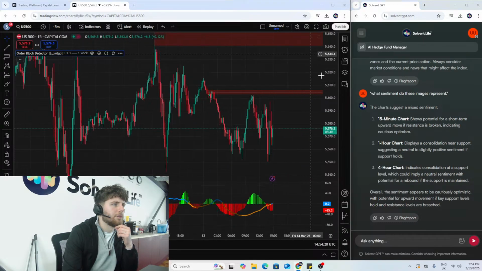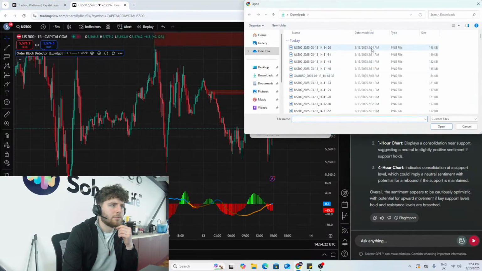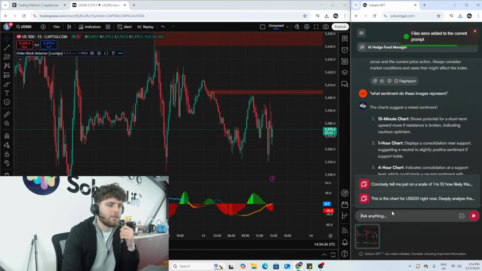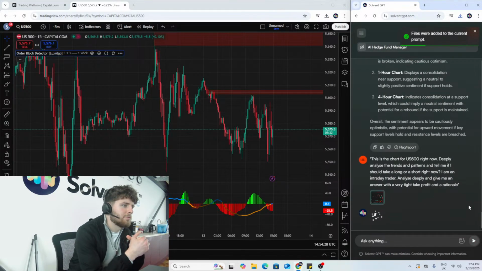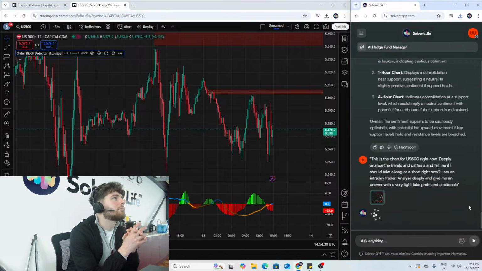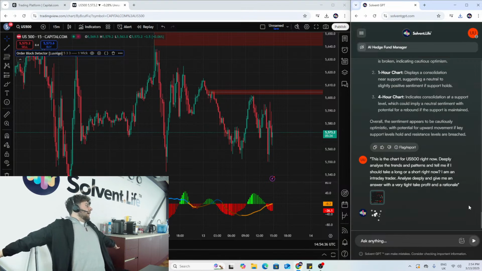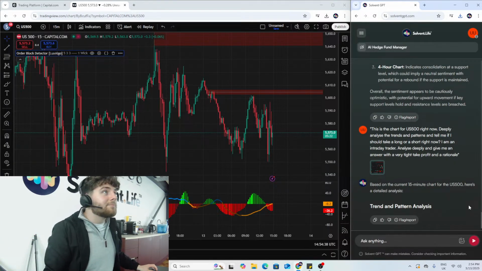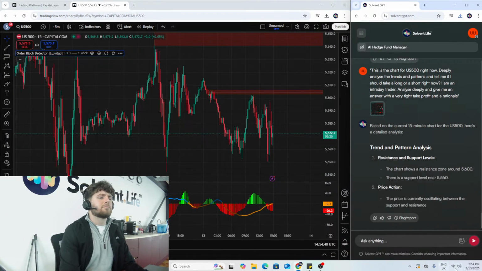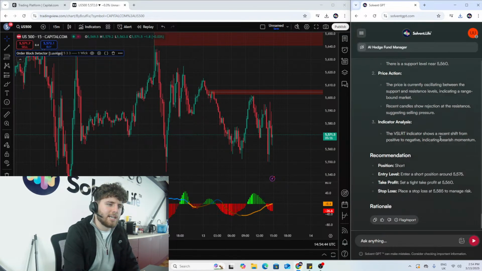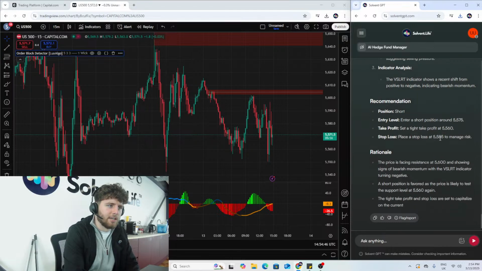Let's take an image here. The 15-minute with a bit more information. This is the chart of the US 500 right now. Support and resistance, we have some price action, and then the actual recommendation here.